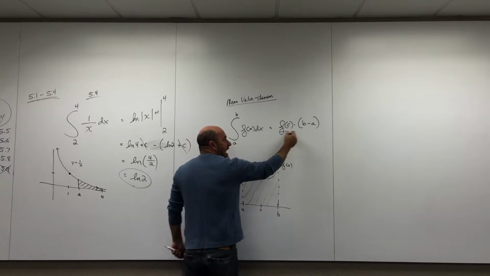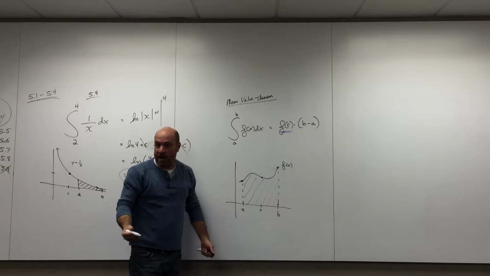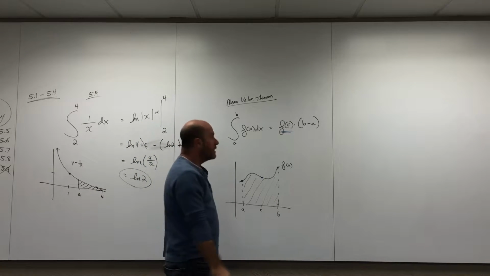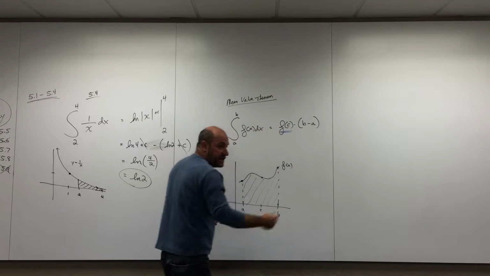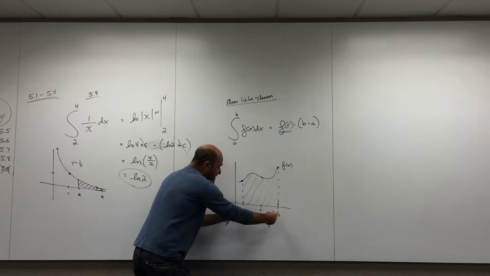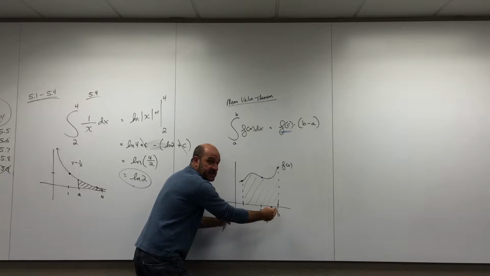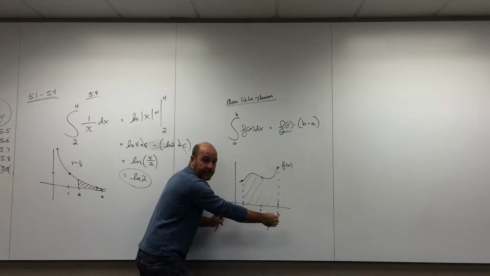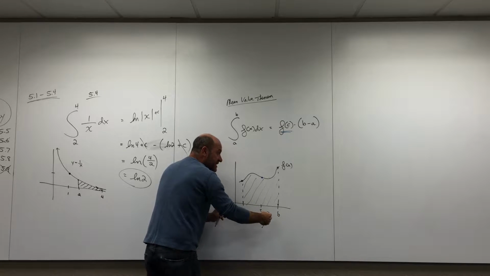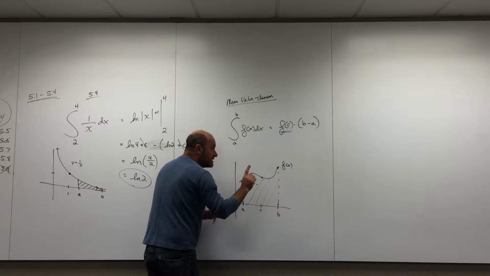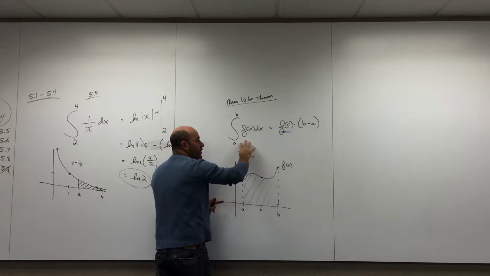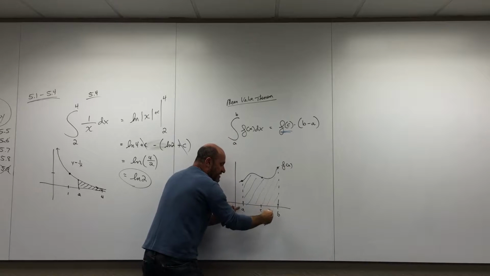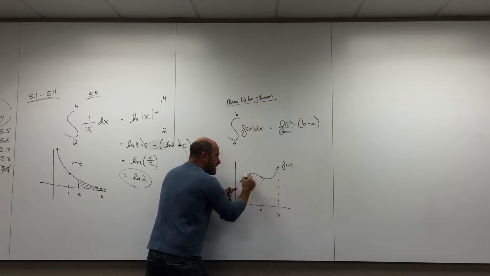And then you can take that height and multiply it by this b minus a, which is this entire width. So what are they saying? The area under the curve could be some height times some width.